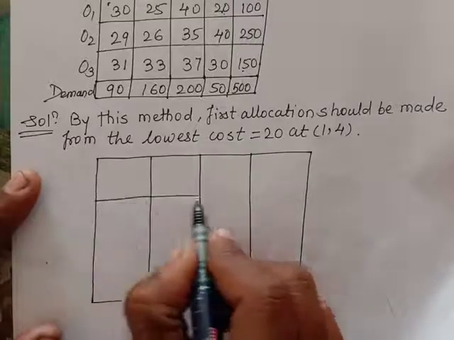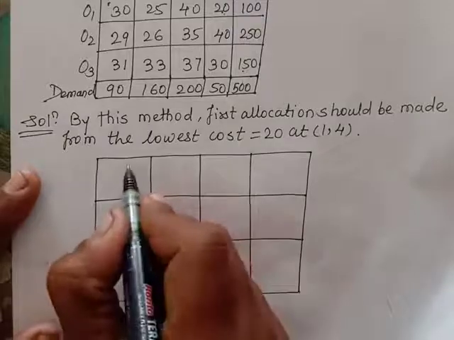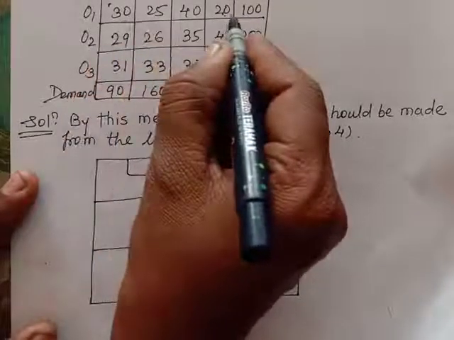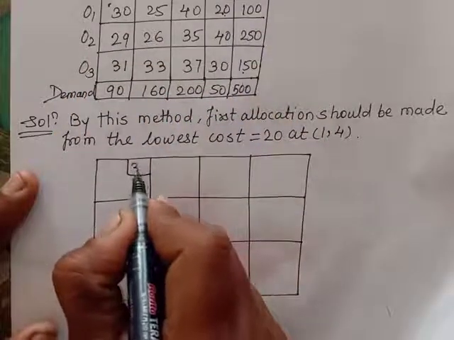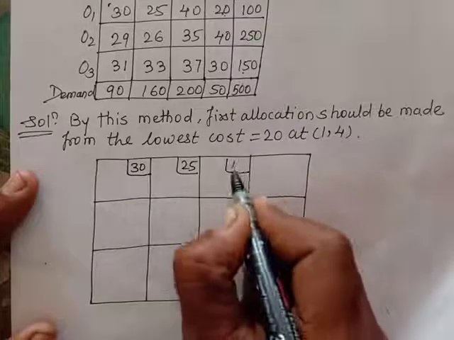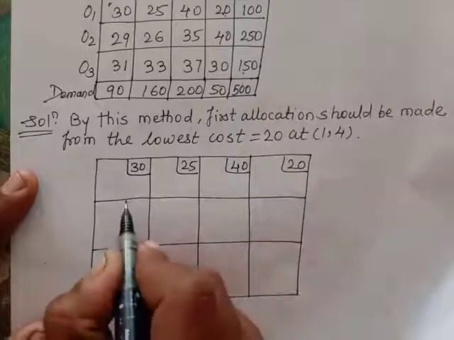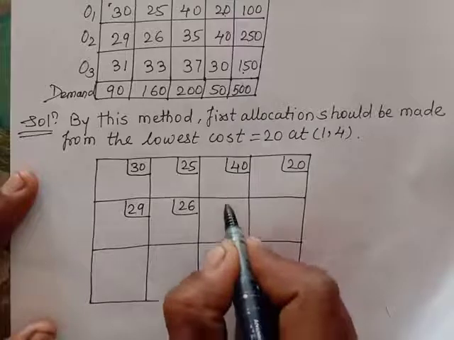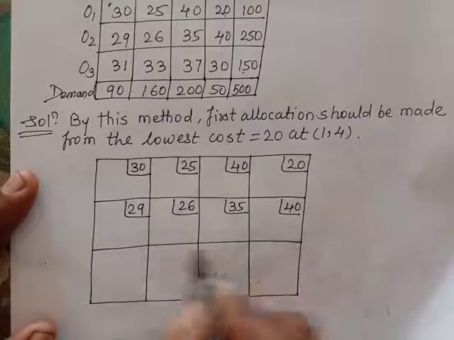Now here we have to write the costs: 30, here 25, here 40, here 20, here 29, 26, 35 and 40.